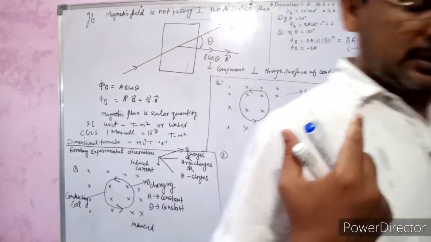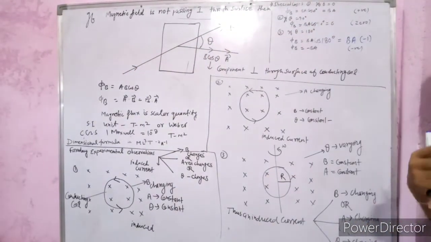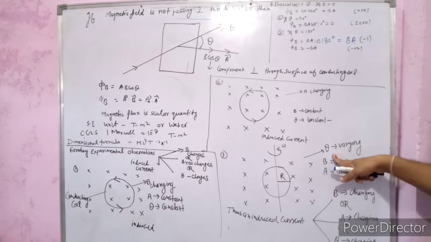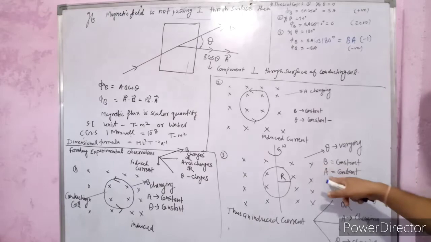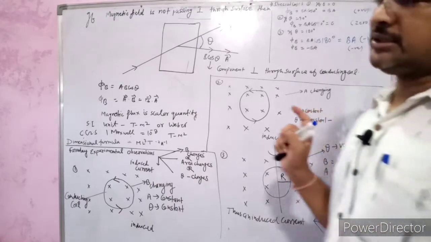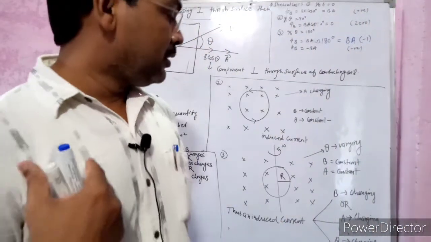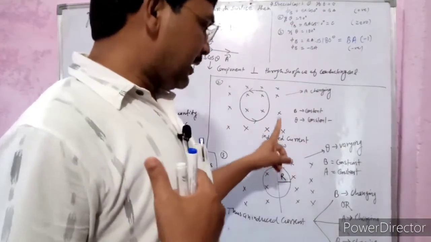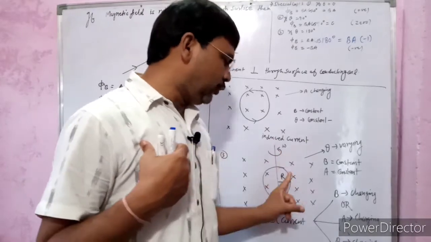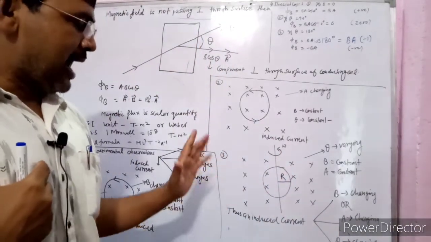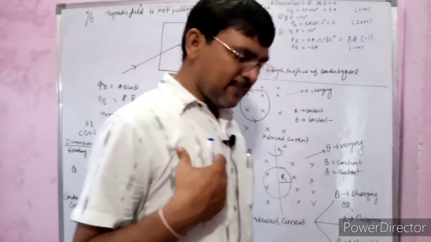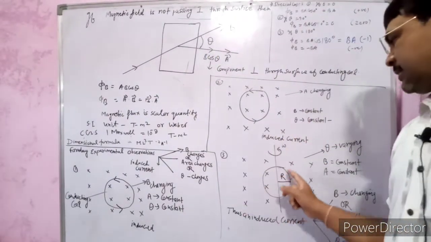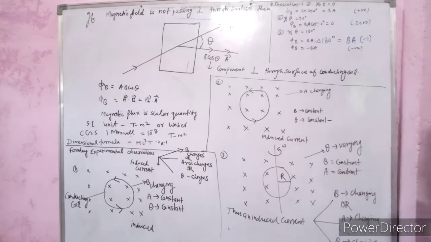Now in the third case, angle theta is varying, and field B and area A remain constant. Here the conducting coil is free to rotate, or by doing some work we rotate the coil about the given axis with angular velocity omega.